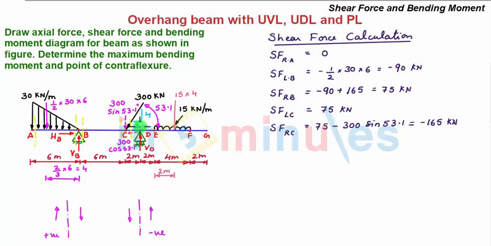Next we move this section towards right and take it towards left of D and very near to it. So shear force towards left of D is equal to, since there is no addition of force between these two sections, shear force remains same, that is minus 165 kN.